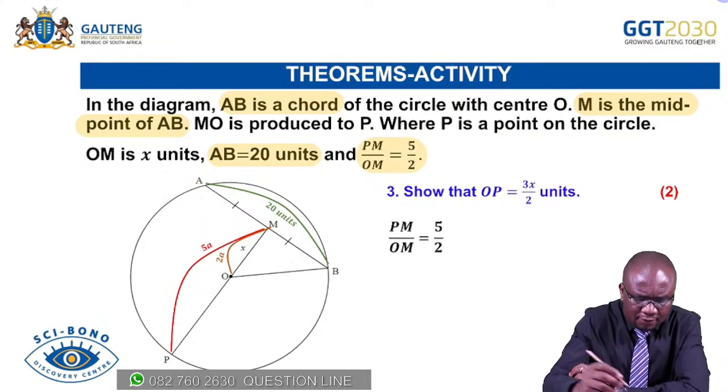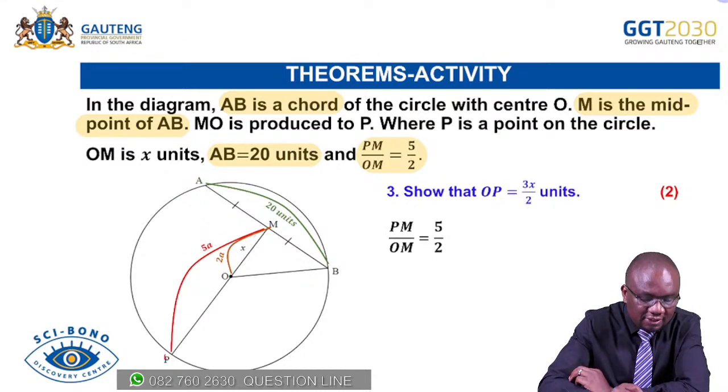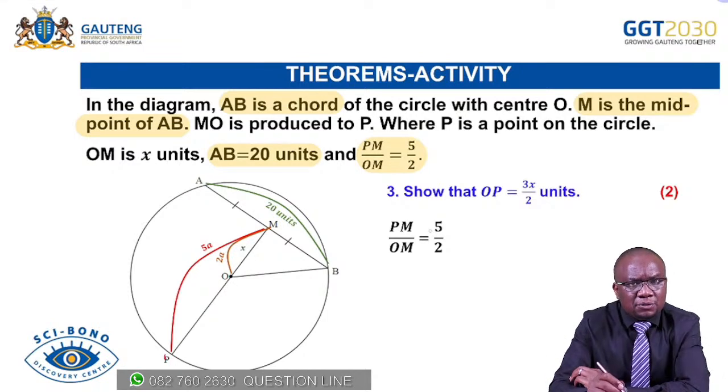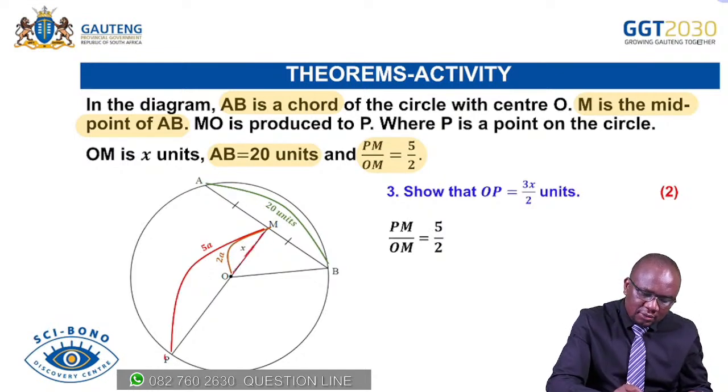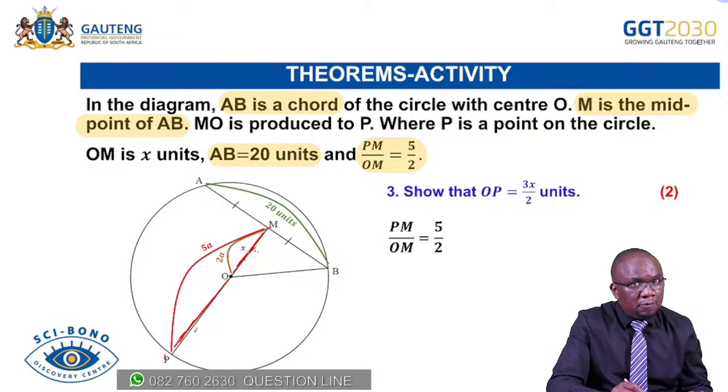So we're given PM over OM, which is 5 over 2. But if you check PM, it is what plus what? PM is OP plus x, or x plus OP. Do you see that?